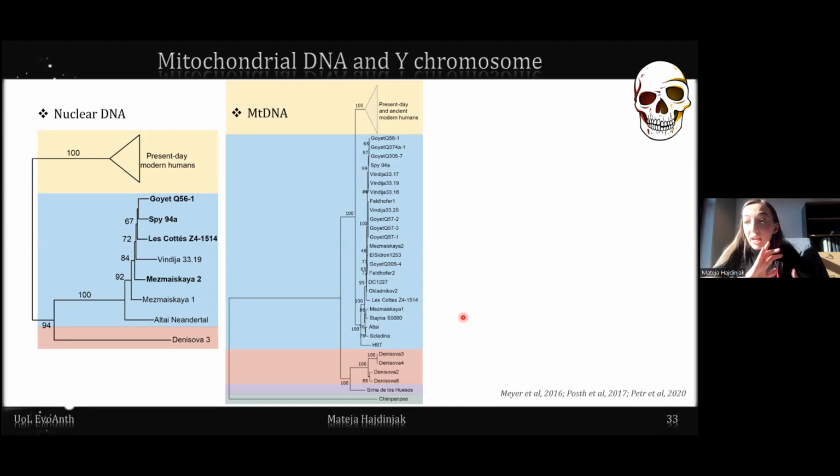Also, the time to the most recent common ancestor was not fitting between the mitochondrial DNA and the nuclear DNA. And at some point, as we observed, quite disappointingly, we were mostly getting good nuclear data from, for whatever reason, female Neanderthals.